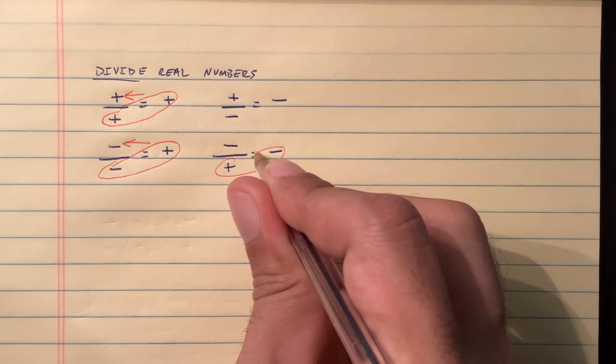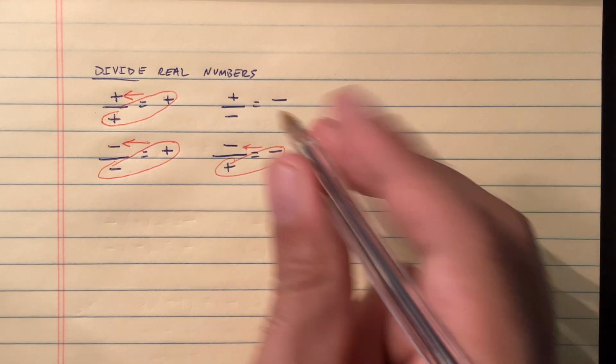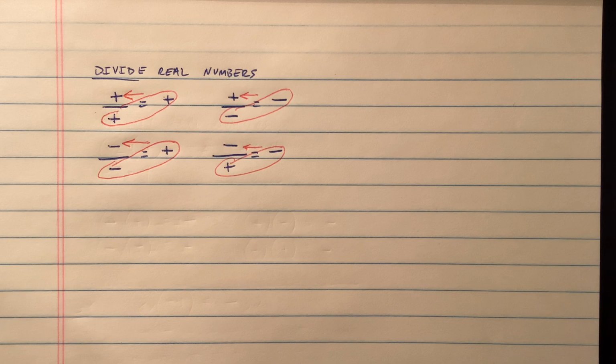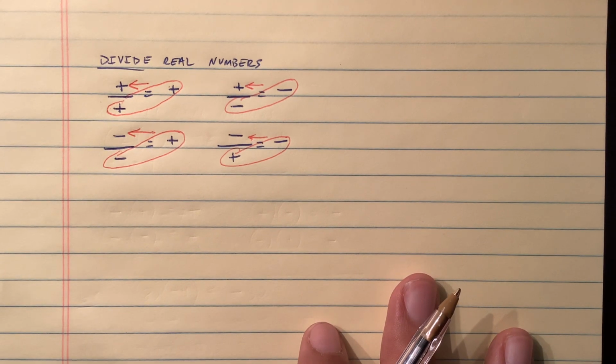Positive times negative equals negative, and negative times negative equals a positive. So it's the same rules as with the multiplication, but in a little bit of a different form.